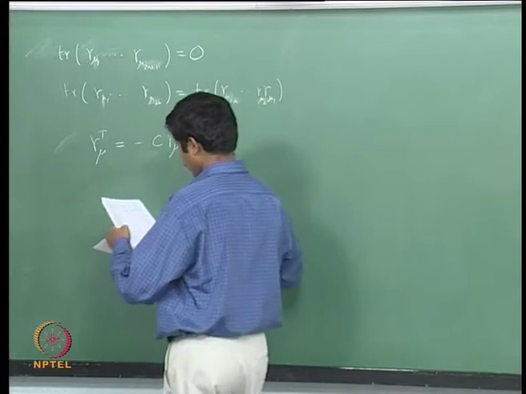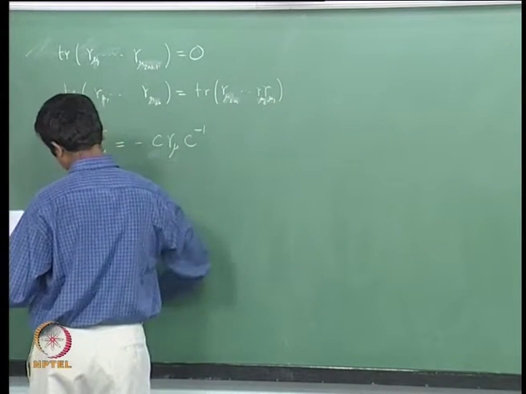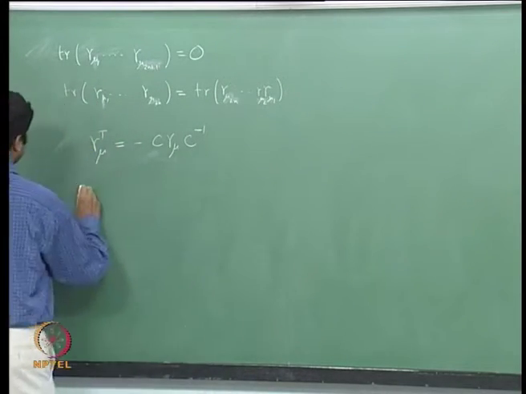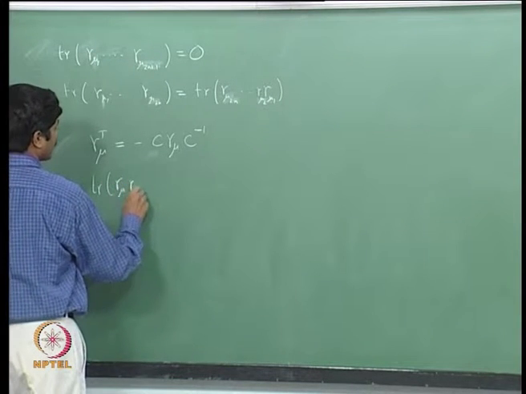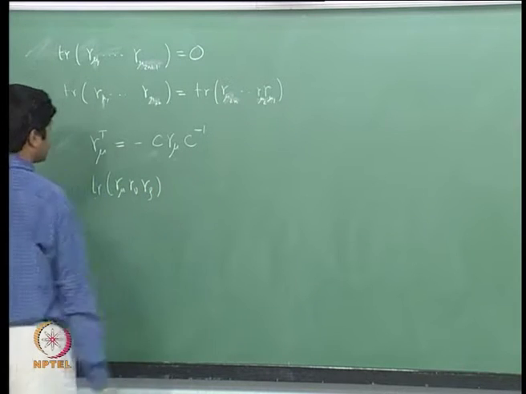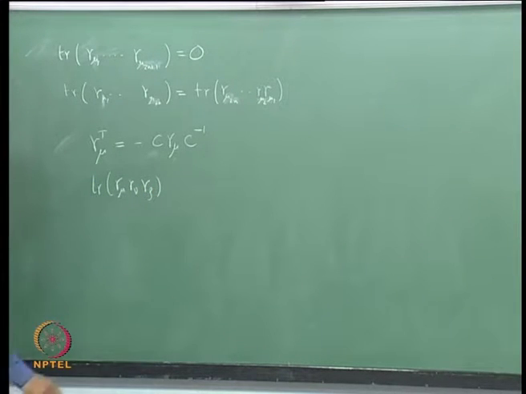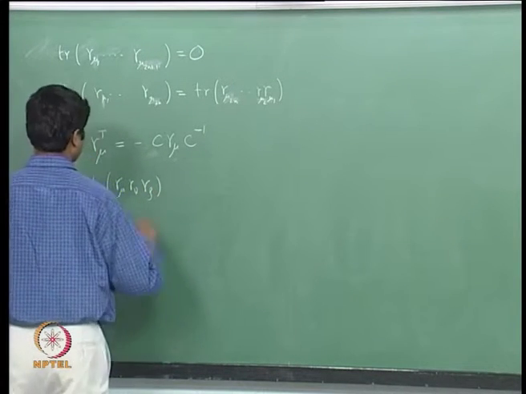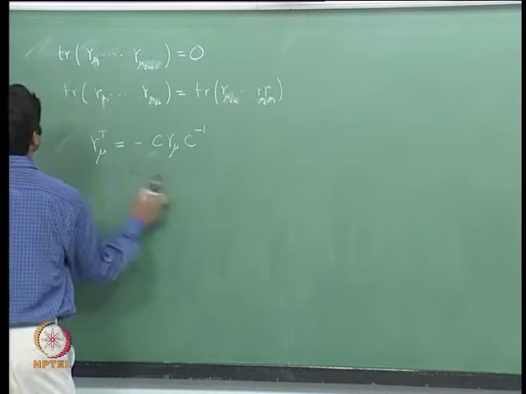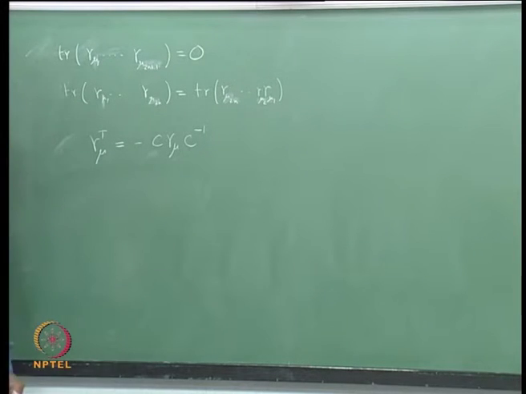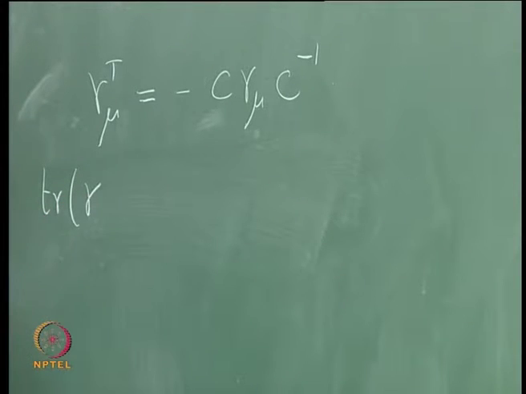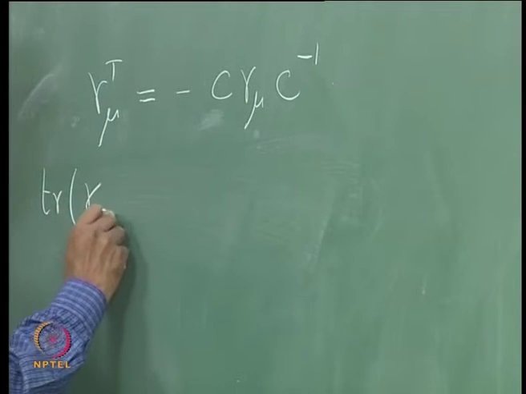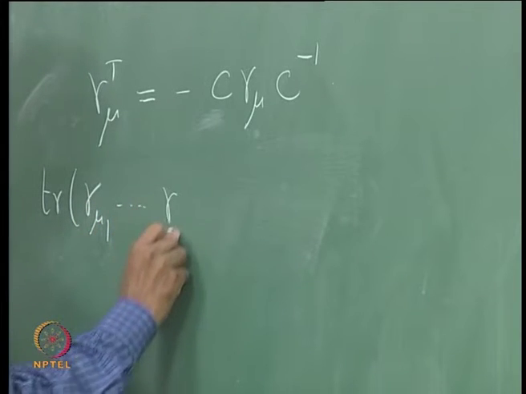Then what I can do is, let us say, take 3 gamma matrices, trace of gamma mu, gamma nu, gamma rho, or you consider n number of gamma matrices, trace of gamma mu 1 up to gamma mu n.